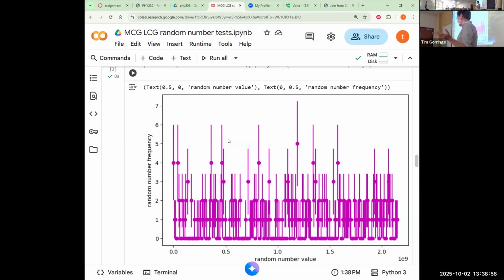So if I've only generated a couple of hundred numbers, most bins will be empty. And most bins are empty here. There's then some bins where one number was generated in that range, and then really occasionally I've got 2 or 3. So that's the distribution. And again, it kind of looks like a random distribution.